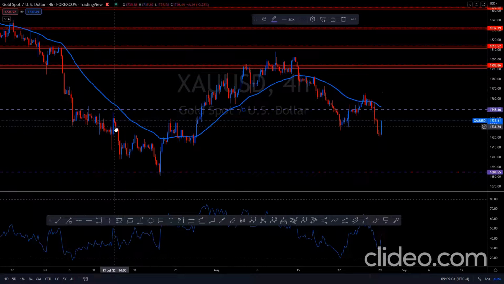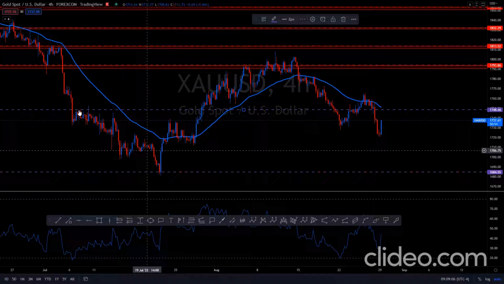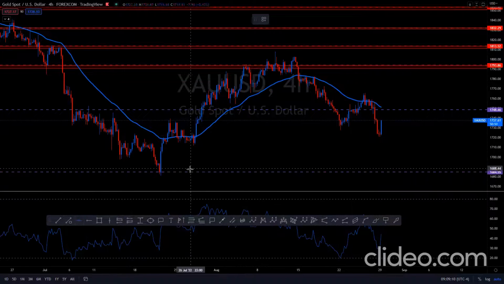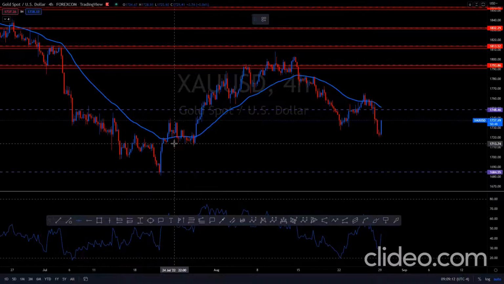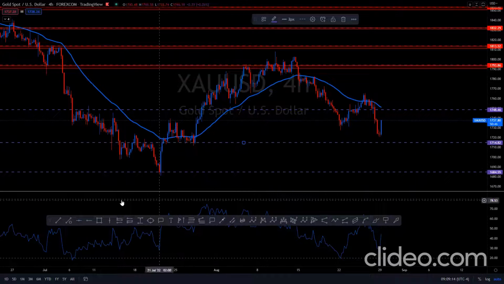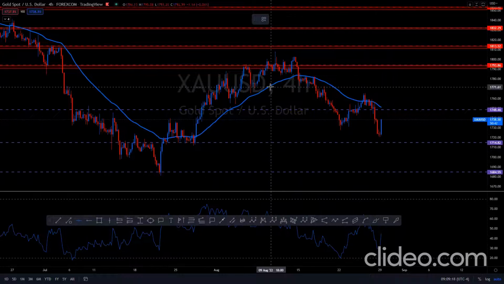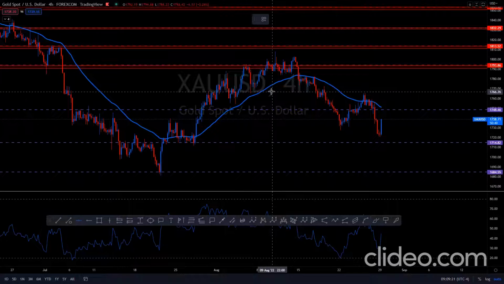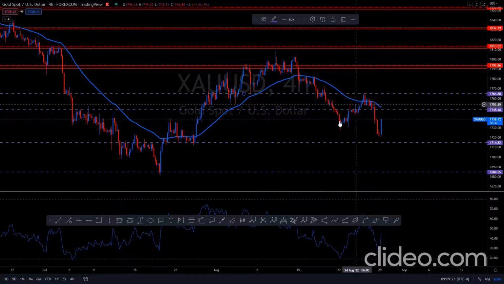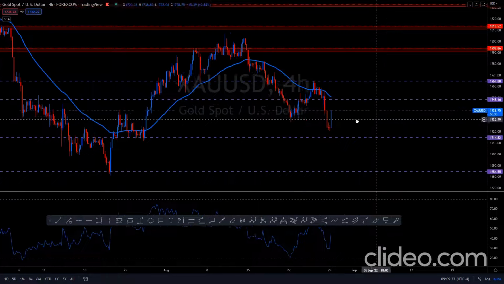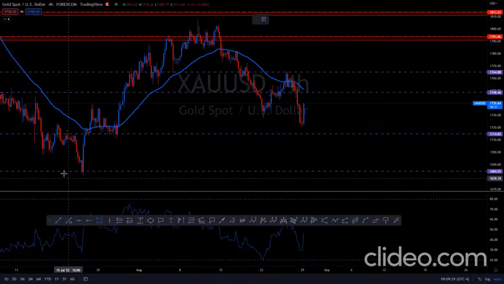We have a base demand zone here, a supply zone here. We also see that here. And then we've got a single candle demand zone here. So now I'm going to draw zones in these areas.